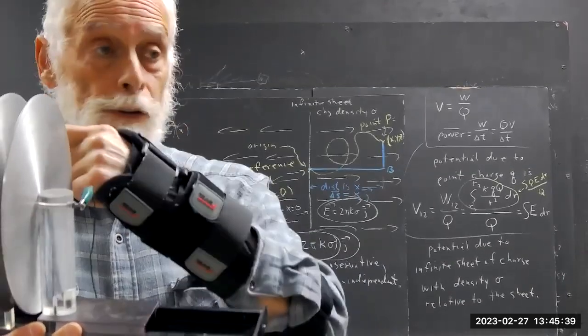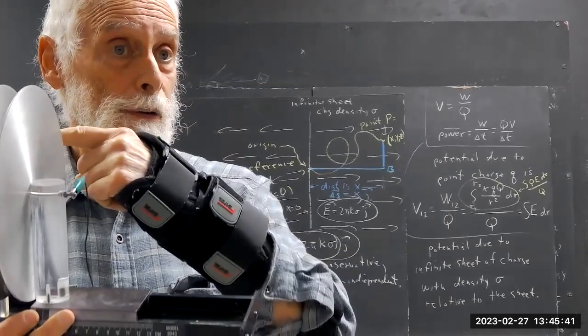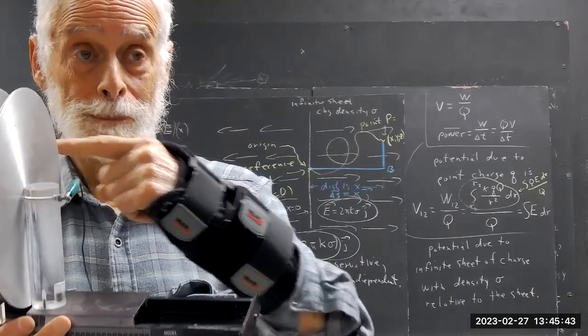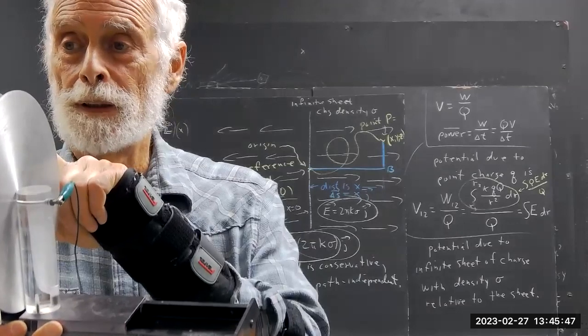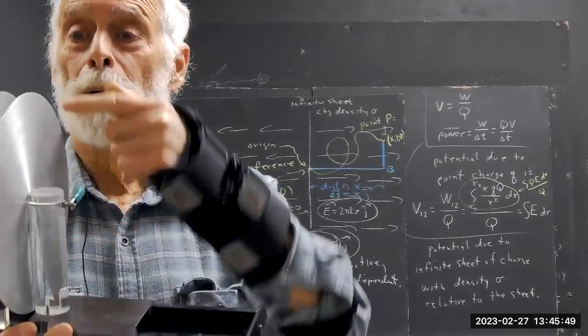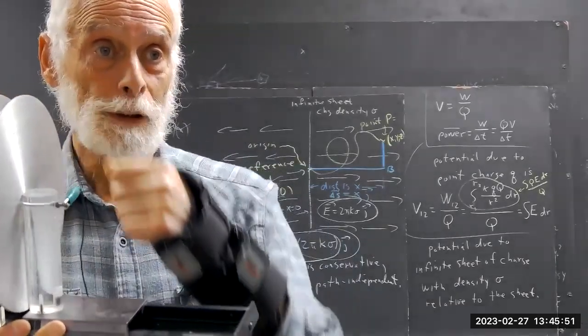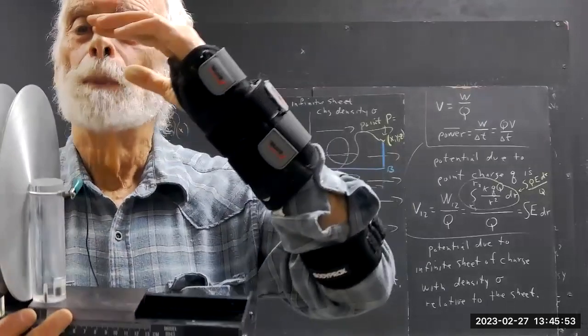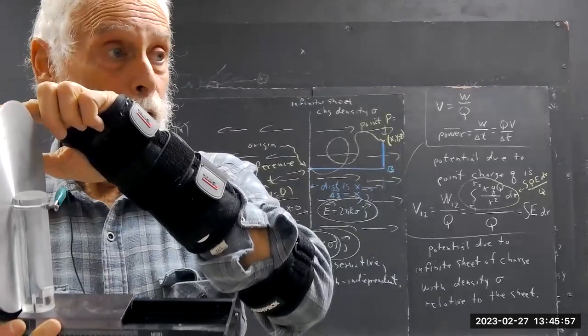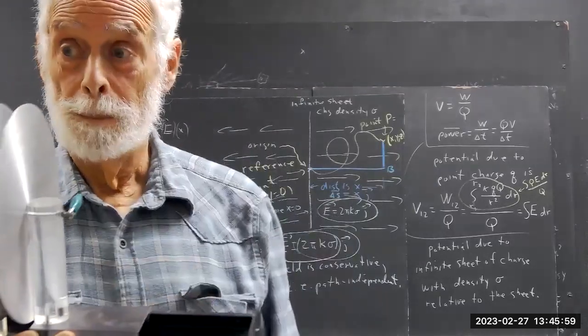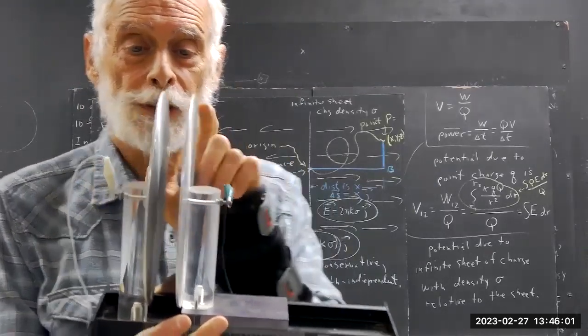It's going to give you a field of 2 pi k sigma in this direction. Then this one will be negative. It's going to give you another 2 pi k sigma again in this direction, because the field from a positive plate goes away from the plate, and the field from a negative plate goes toward the plate.